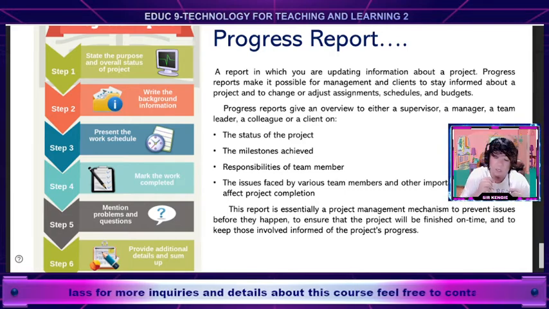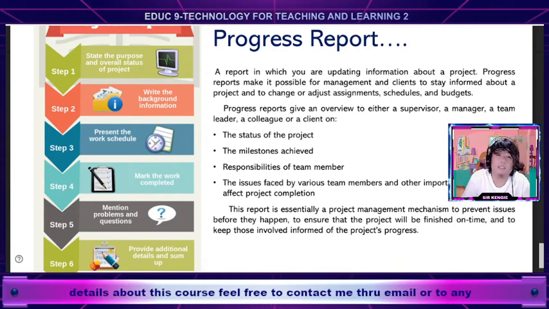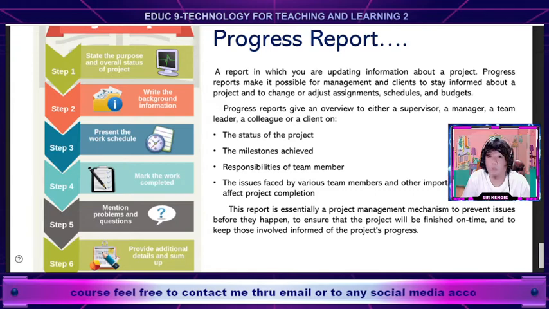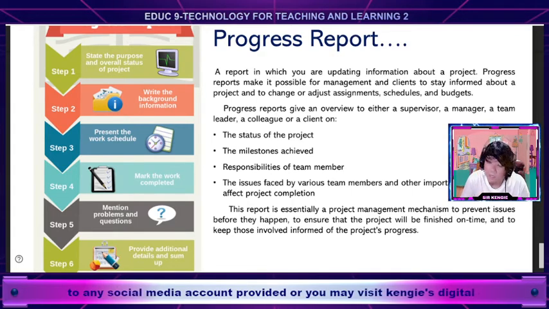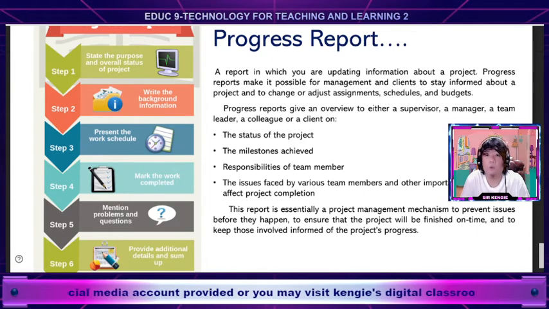So class, in the presentation of the progress report, it doesn't necessarily mean you're already finished. I just want to know the real score. Maybe some of you, next meeting perhaps, are still on the planning stage. Okay. By this time, class, I need to see your output.